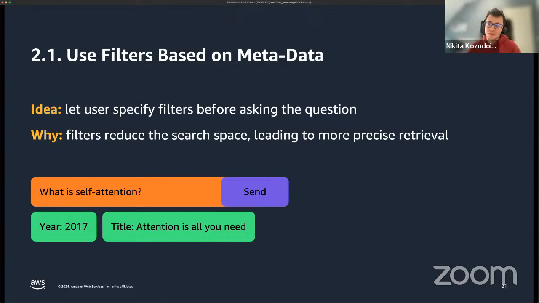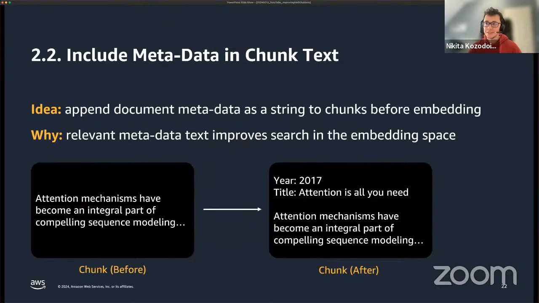But the problem is that, of course, as a user, we don't want to specify those filters always, right? We just want to ask a question. We don't want to look through the list of filters and assign the values to them. It may cost too much time if we want to answer many questions. So another thing we can do with our metadata, we can simply include some of the most important metadata values as part of the text chunks that we are embedding.